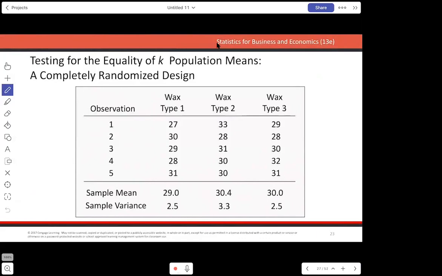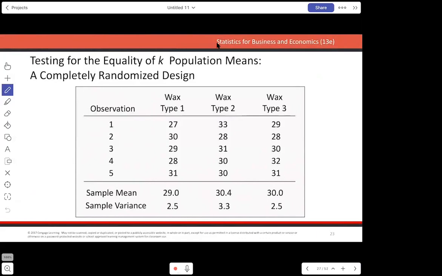So we could think of treatments in that case where the octane level is different. Regular has one treatment level with a certain octane level, plus has more octane, so that's another treatment, and supreme has even more octane.